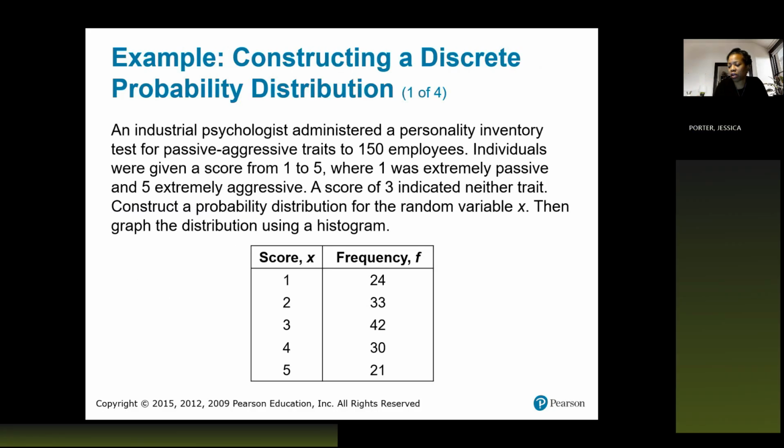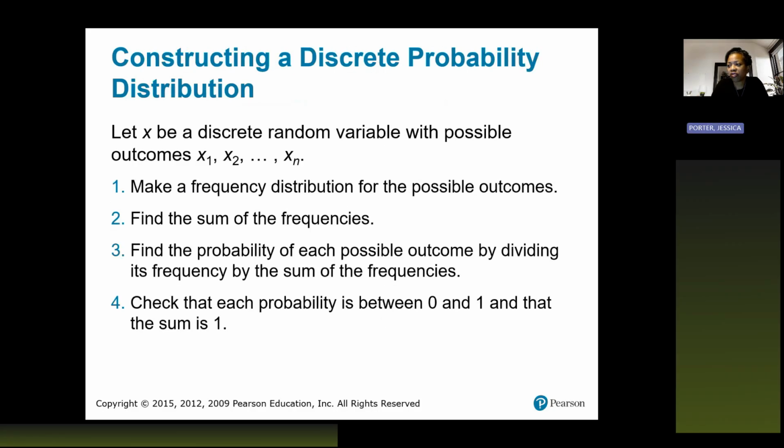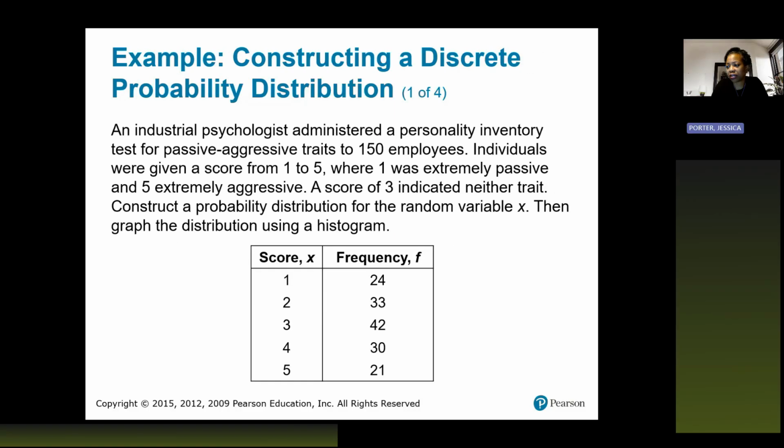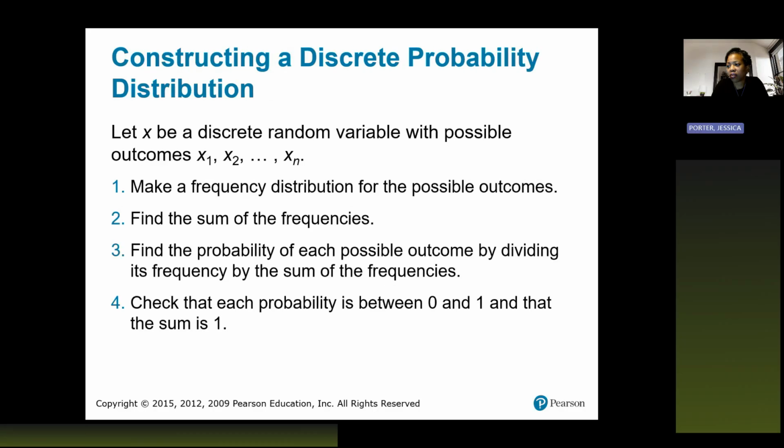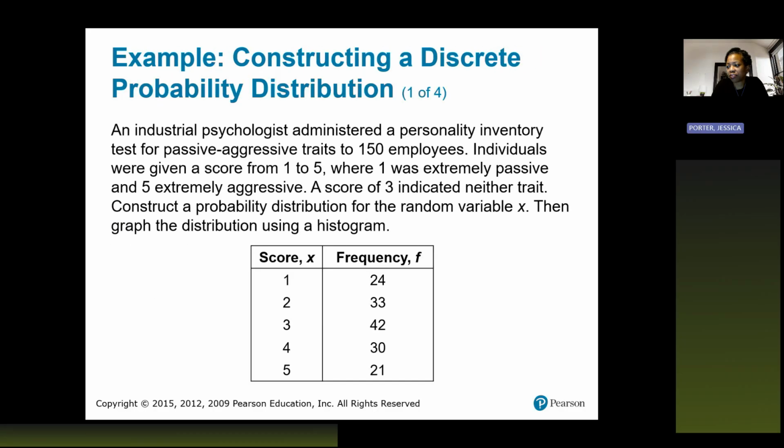Okay, so the first thing, make a frequency distribution for the possible outcomes. We've already done that here. Second one, find the sum of the frequencies. Well, we would add them all together and we would get 150.